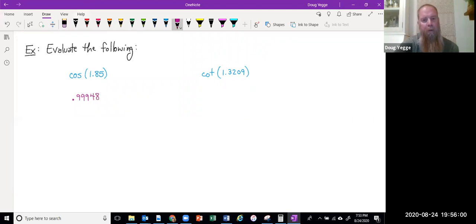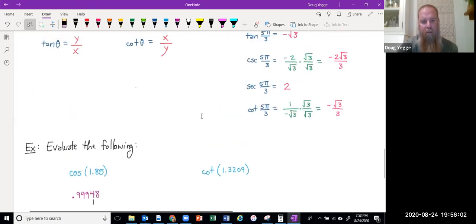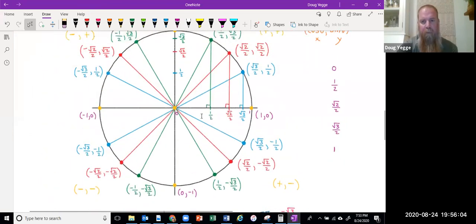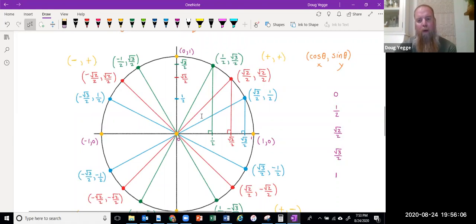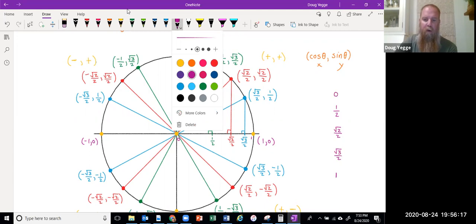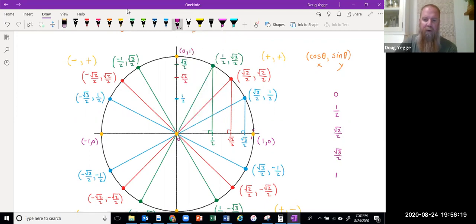Okay. Well, let's take a look at our unit circle again. When I look at 1.85, we should think about approximately where that is. Remember that when we're dealing with a circle, 1.85 is referring to the radian measurement.